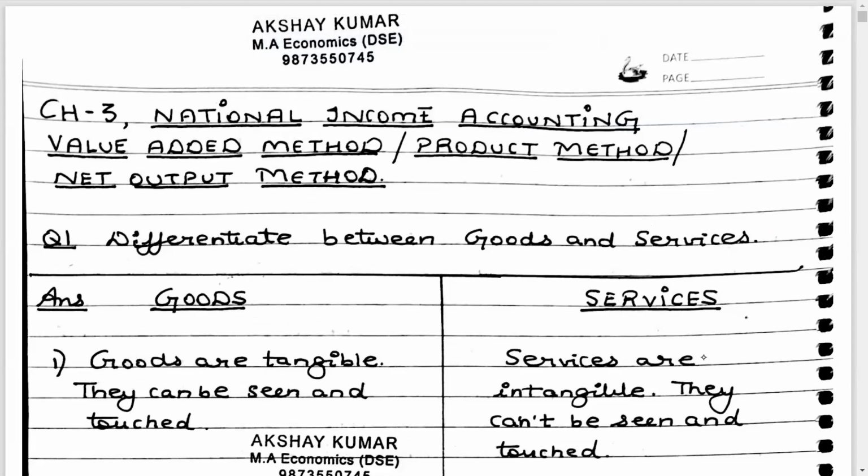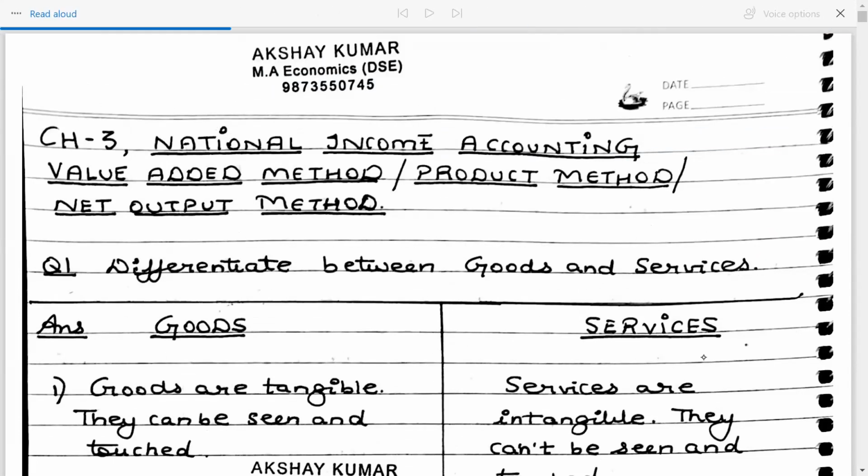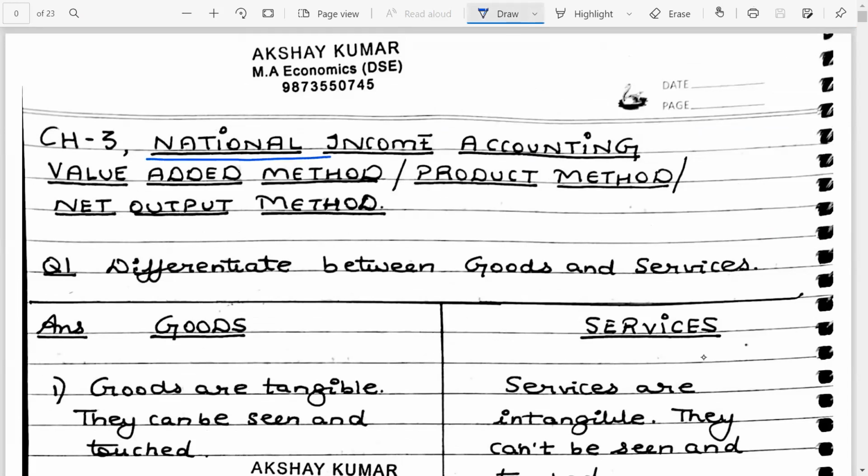macroeconomics. Okay, if all students can recall that in the previous lecture we had started with the measurement of national income. We had started with the measurement of national income using the value added method, also called the product method, also called the net output method.